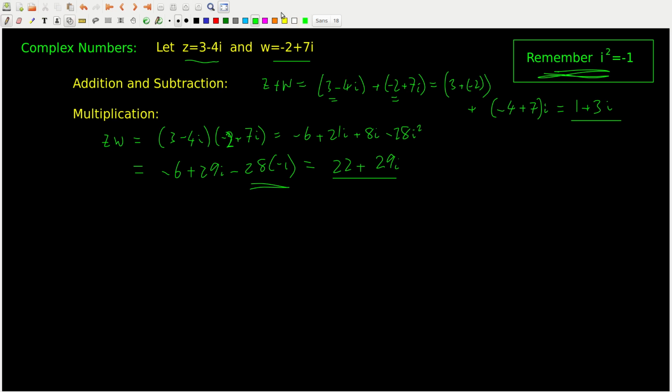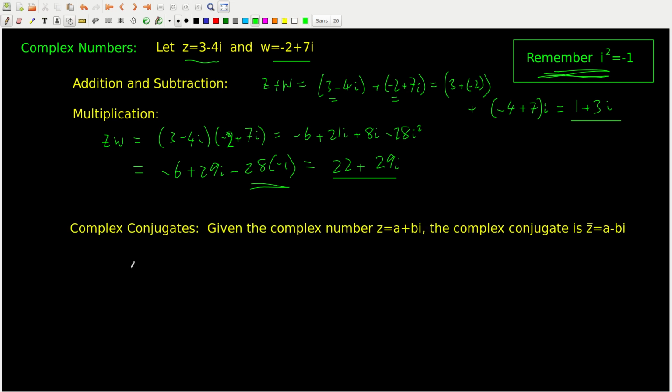You can also divide complex numbers. And perhaps the most useful thing we're going to deal with is the idea of complex conjugates, which is represented with a bar. If we've got a complex number, z is a plus bi, and again I was using this terminology, a is the real part and b is the imaginary part.